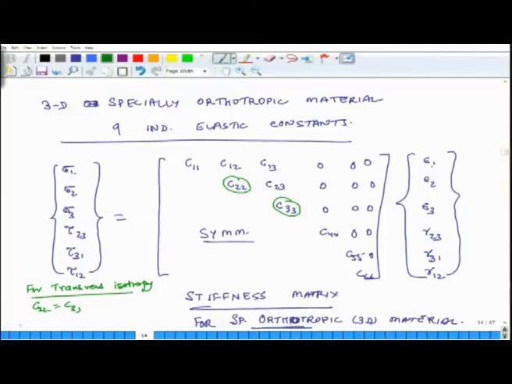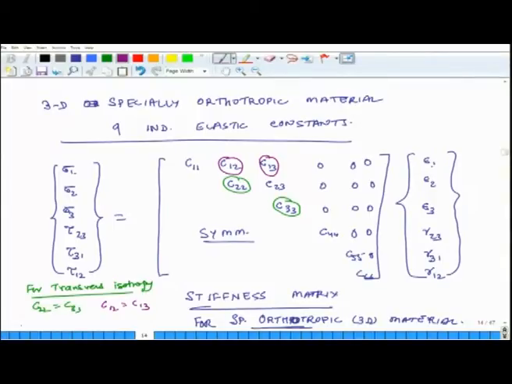The other condition is C12 and C13 will be the same. 1 corresponds to L direction, 2 corresponds to T direction, 3 corresponds to T prime direction. So, C12 equals C13, that is CLT equals CLT prime.